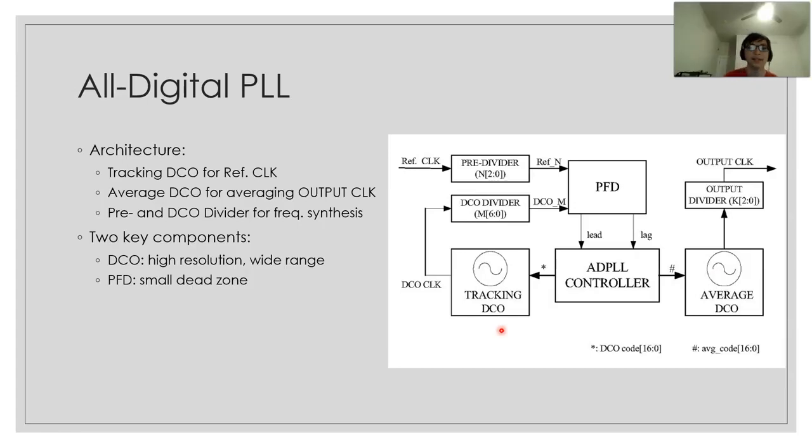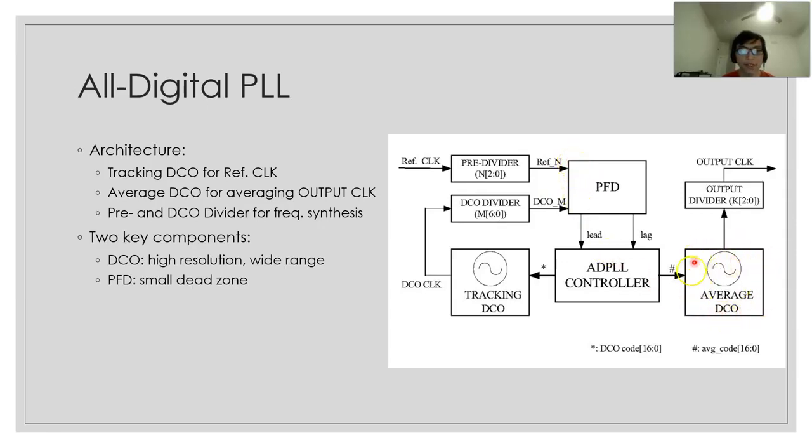Why, you may ask? One of them, the tracking DCO, is used for feeding back the output signal to the phase and frequency detector here to align with the reference clock.